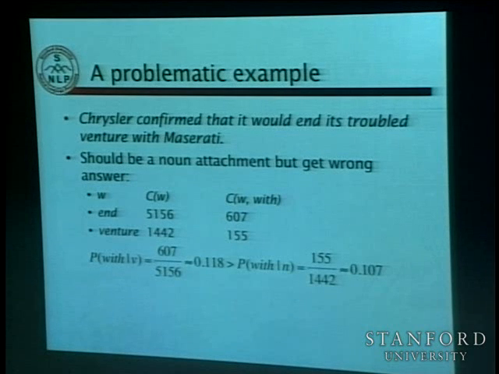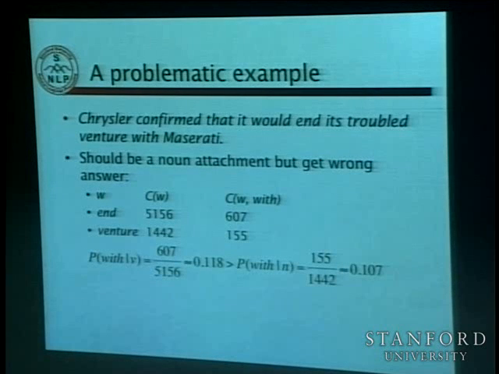But it seems like there is a deeper problem here that suggests that we want to do something different. Because, yes, it's true that ends with occurs quite a lot with examples like the show ends with an amazing spectacle.